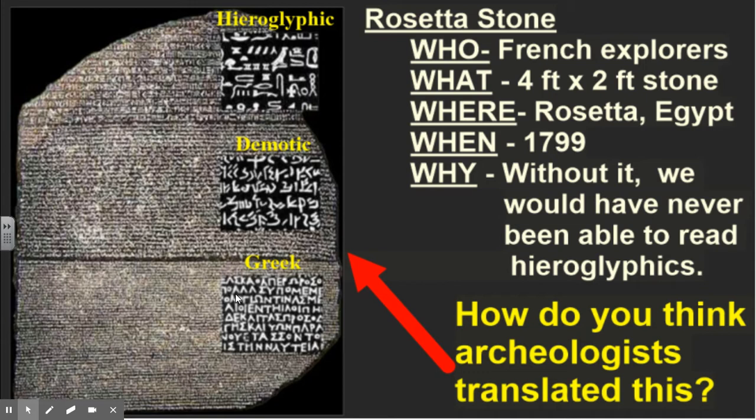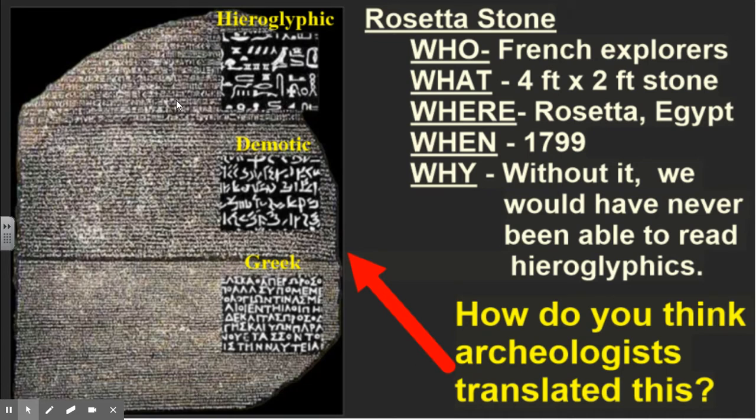What's interesting is all three of them are saying the same thing. It's basically one story written in three different languages. What's written on here is a story about a battle and all kinds of different things, but it's that same story of the battle and what was going on that's repeated three different ways.